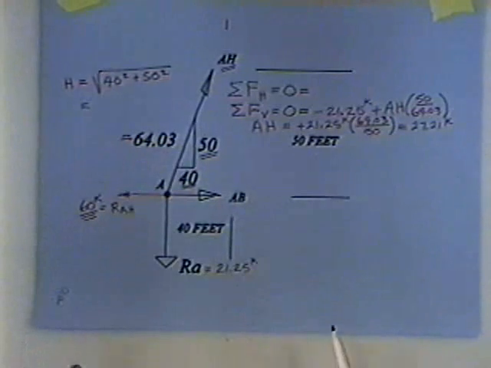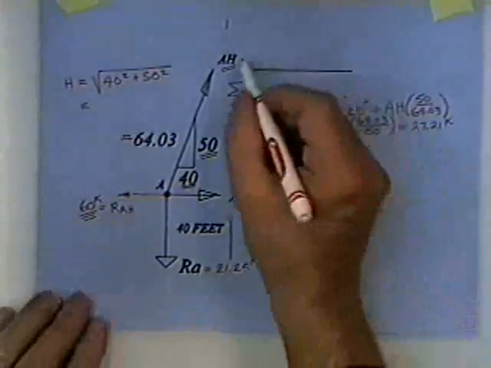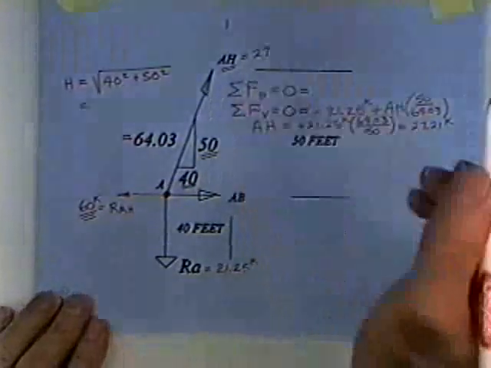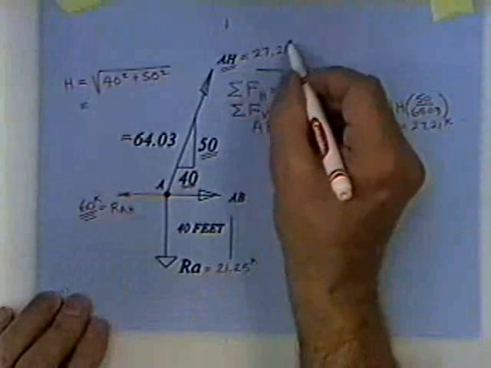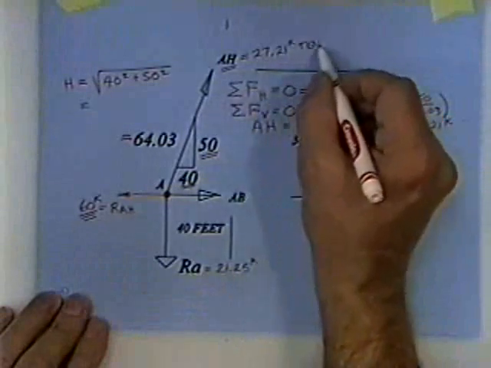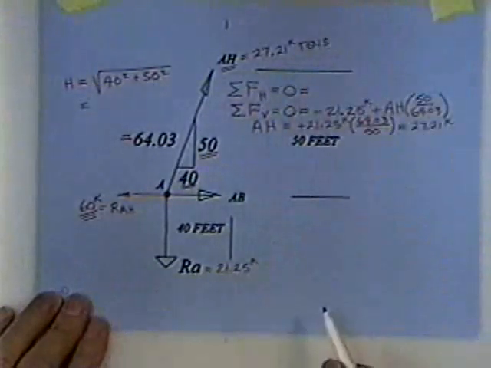The arrowhead does not truly mean the member's intention. It doesn't really mean it's an impression. It just means that whichever way you selected the arrowhead, you guessed it right. So this is 27.21 kips. And it does prove to be tension because we guessed tension to begin with.